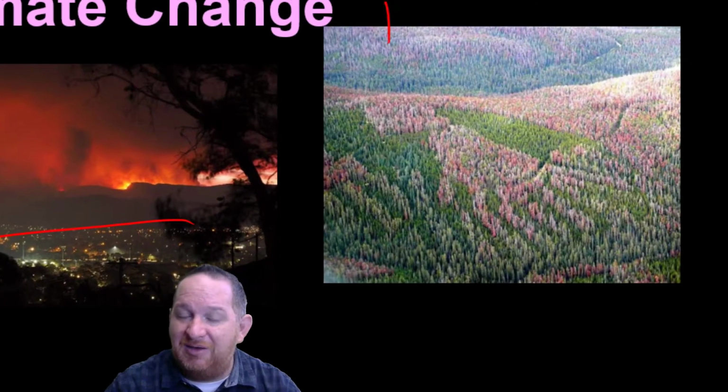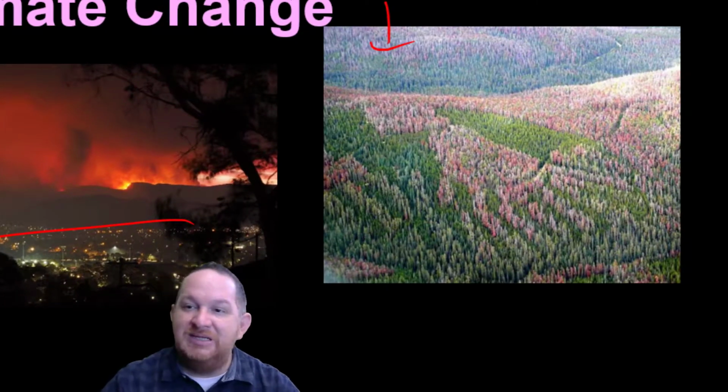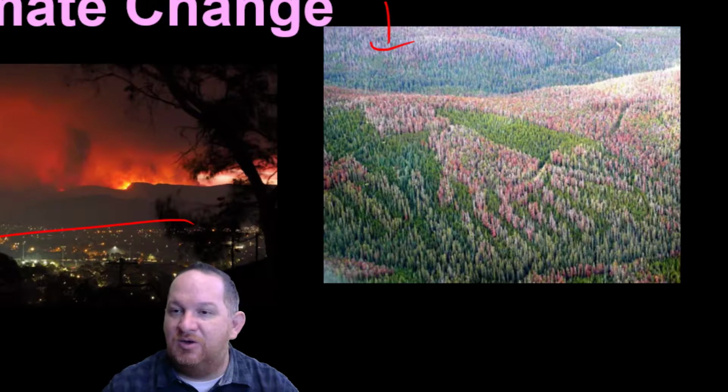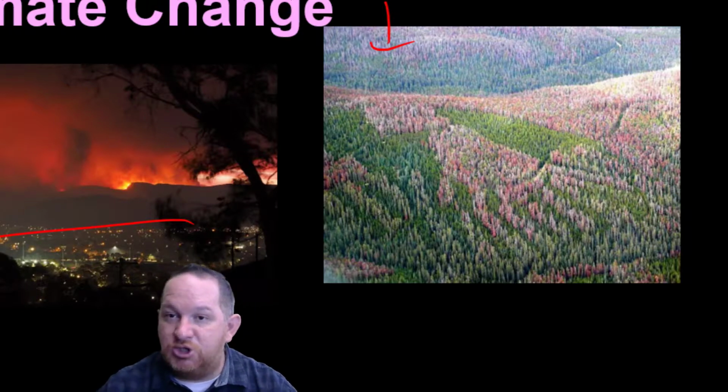Another one you might not think about is insects. You look at this and you're like, well, what's going on with the insects? Well, think about our insect population. The winter, if we have a hard freeze, that kills off a lot of insects in certain areas.